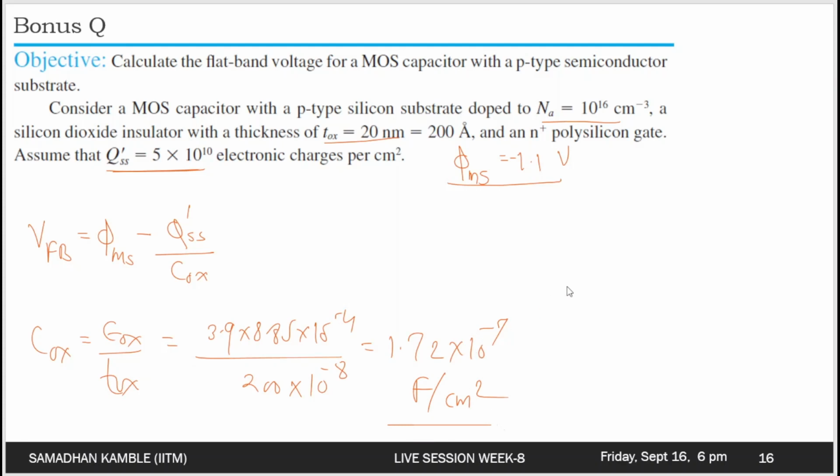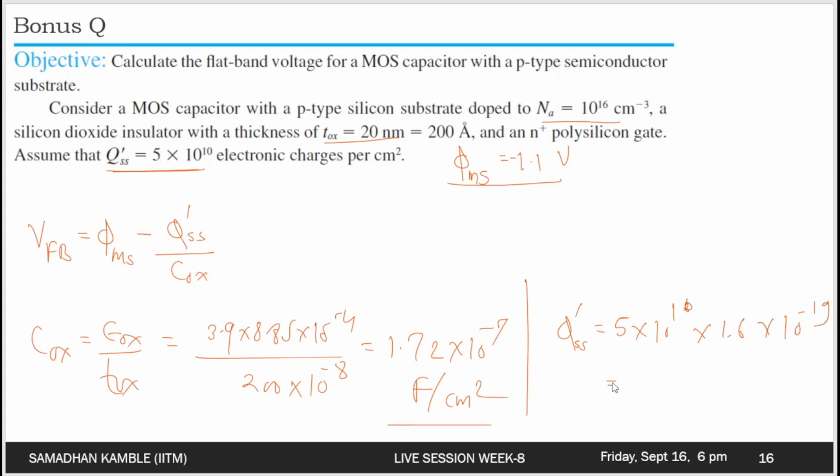Cox we have got. Now let us find out Q'ss, that is the equivalent oxide charge density. The Q'ss is given as electronic charge per centimeter squared. So we can get the equivalent oxide charge density as 5 times 10 to the power 10 times the electronic charge, that is 1.6 times 10 to the power minus 19 coulomb.